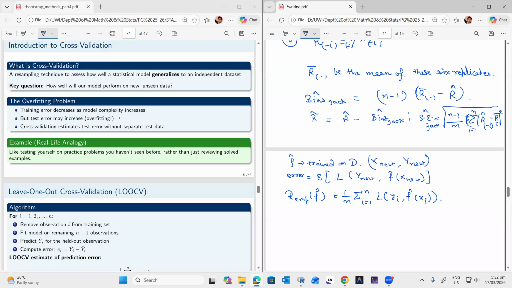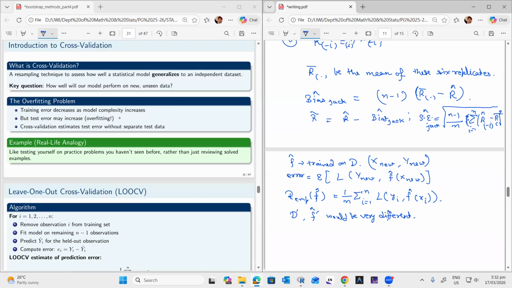So if you were to draw a new training data set, say D dash, from the same population, the resulting f dash cap would be very different. All right, it would be very different.